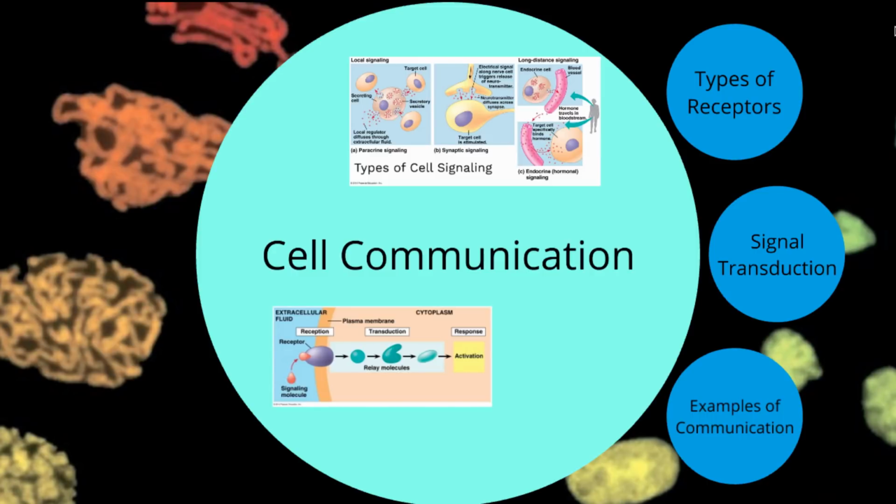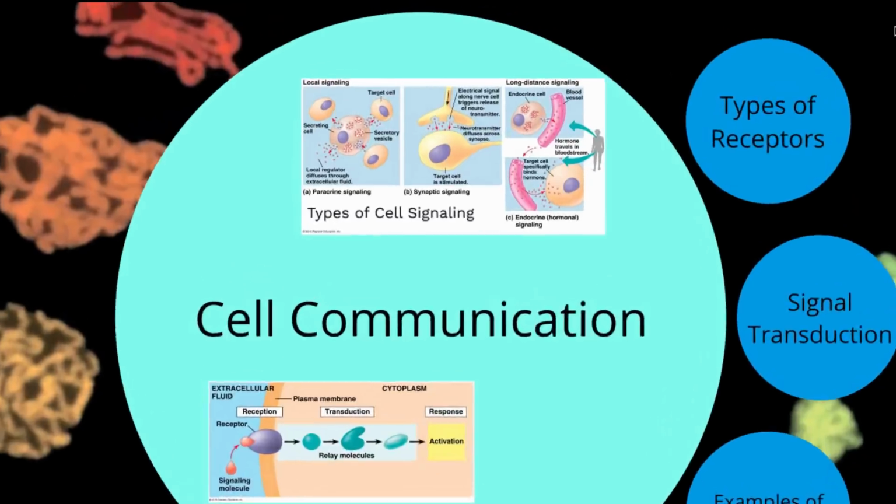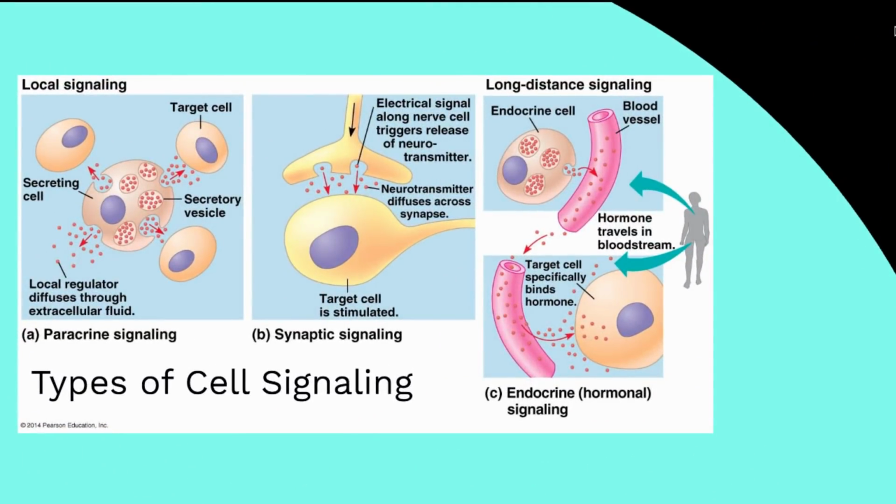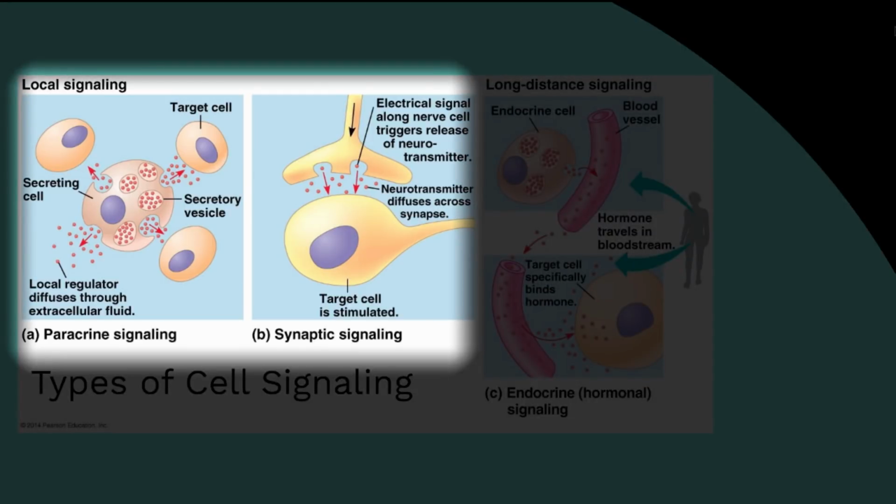In general, when we are talking about cell communication, the first thing we want to look at is how far apart are these two cells that are communicating. This distance can really be anywhere from cells being very, very close together, as we see here with our paracrine signaling, which is cells in the immediate area picking up a signal, to cells that are one-on-one very close, that we see with our nervous system and the synaptic signaling.